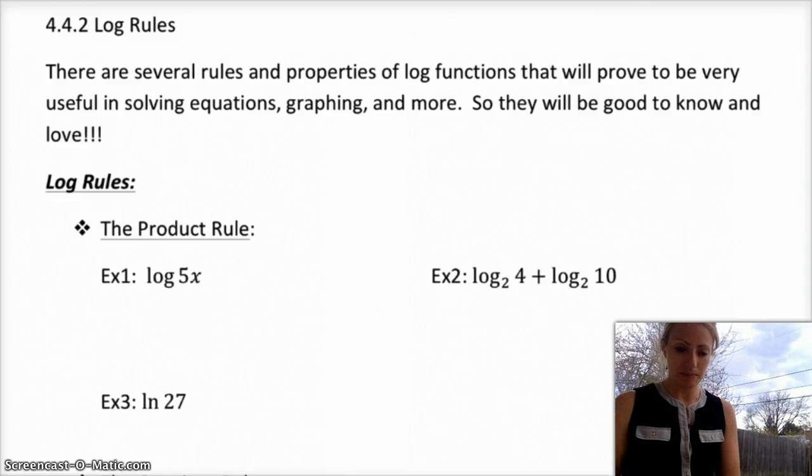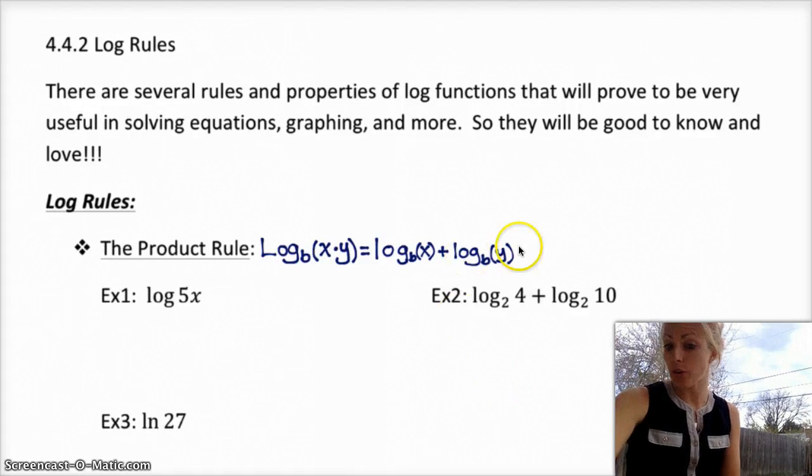So if you have log base b of x times y, it doesn't matter what the base is, that is equal to log of x plus log of y. You can do it either way. This is an equal sign, so you can start with multiplication inside and then split it up as addition, or you can start with addition and then condense it into one log with multiplication on the inside.